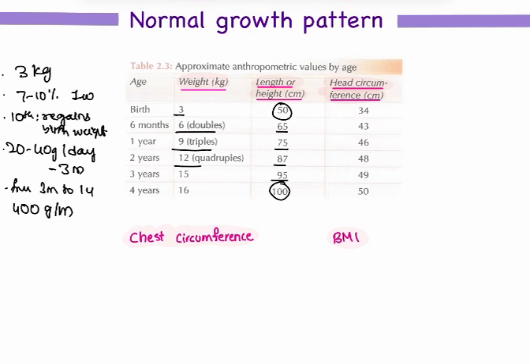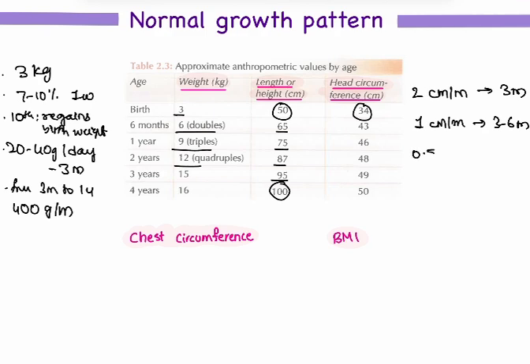Head circumference. At birth, the head circumference is 34 centimeter. Then the head circumference grows by 2 centimeters per month for first 3 months. Then 1 centimeter per month from 3 to 6 months.